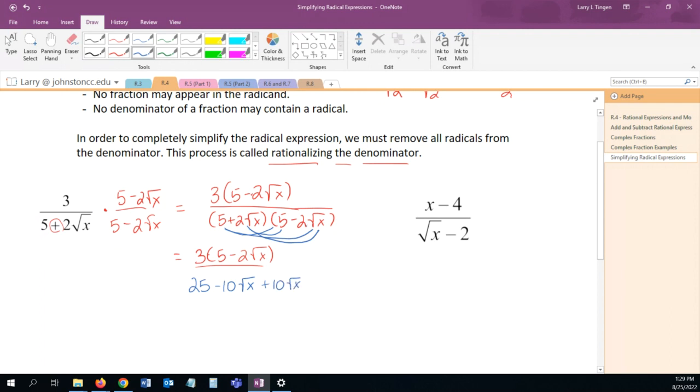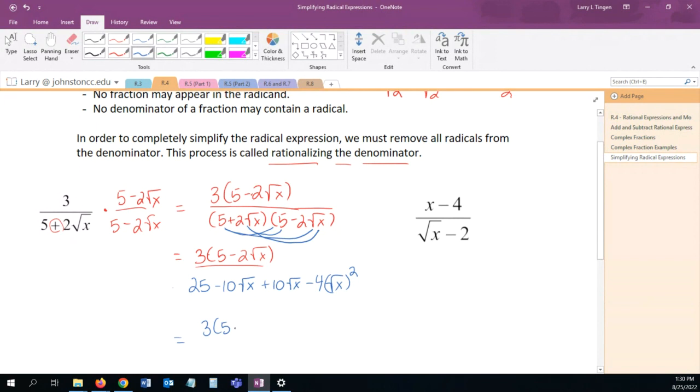And then 2 root x times negative 2 root x is negative 4 root x squared. Look at these middle terms. They go away. Negative 10 root x plus 10 root x is 0. Okay.